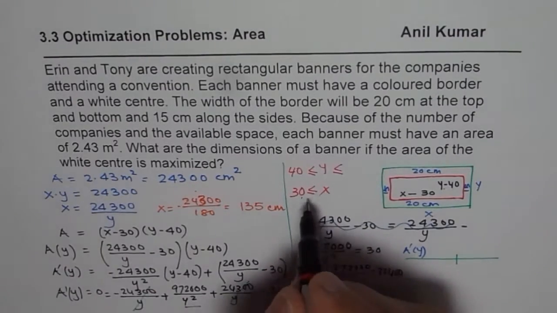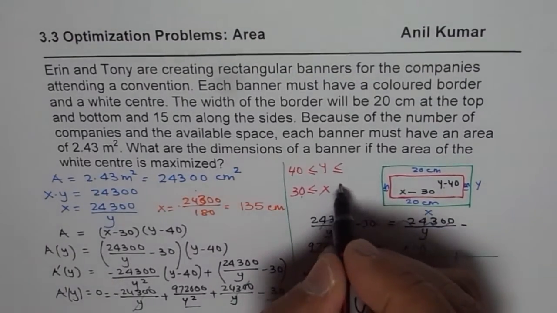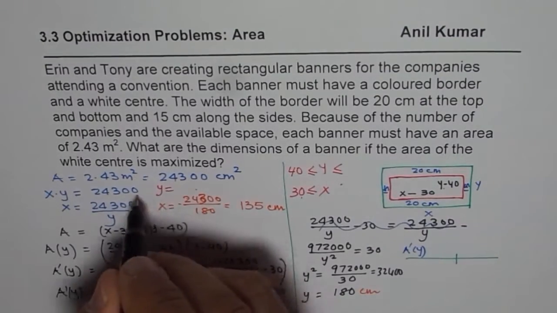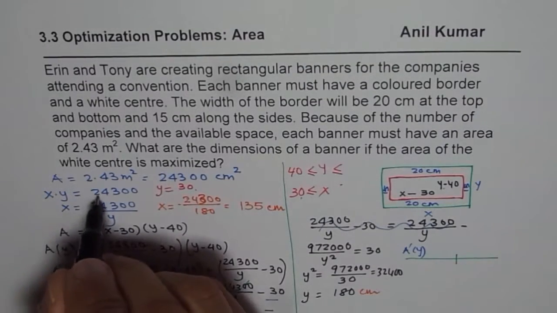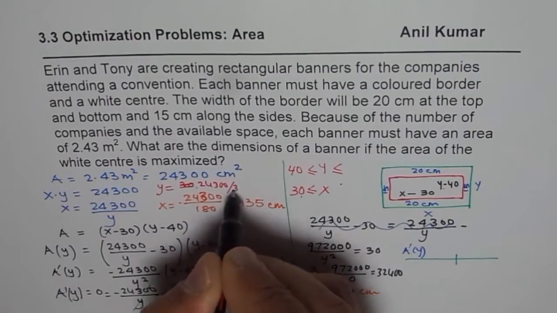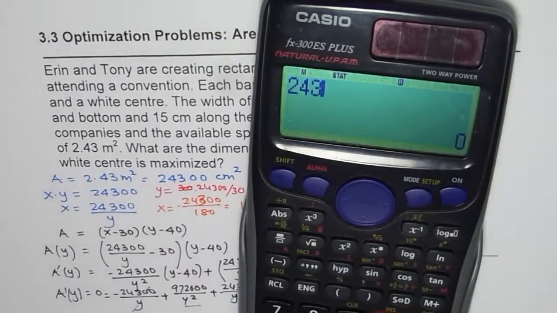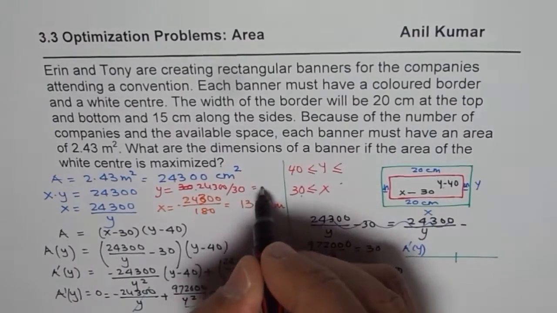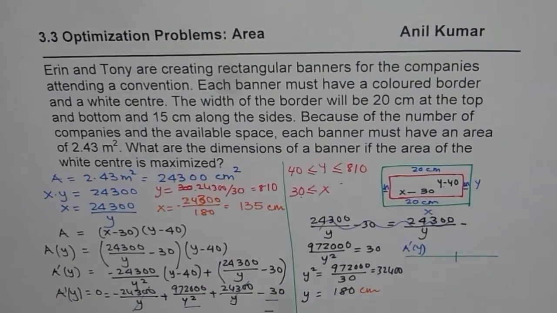If x is 30, what is y? y will be 24,300 divided by 30, which is 810. So the y value is between 40 and 810, right?